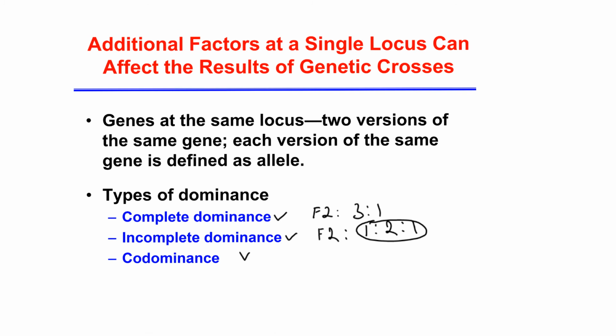So dominance is actually allelic interactions, and dominance is therefore interaction between the products of the genes. So keep in mind, dominance equals allelic interaction, one gene, one locus.